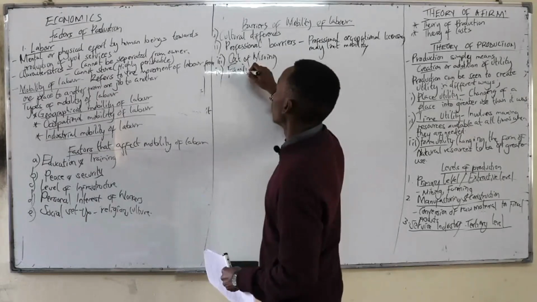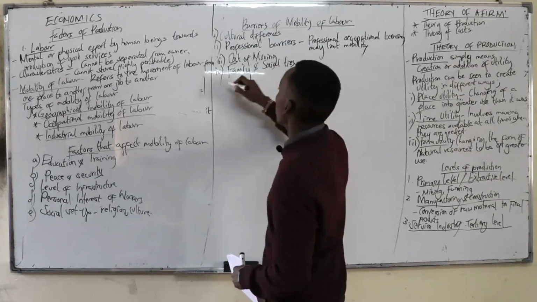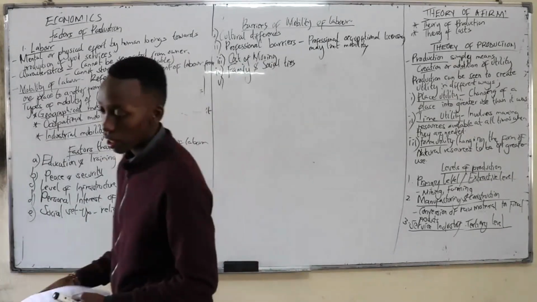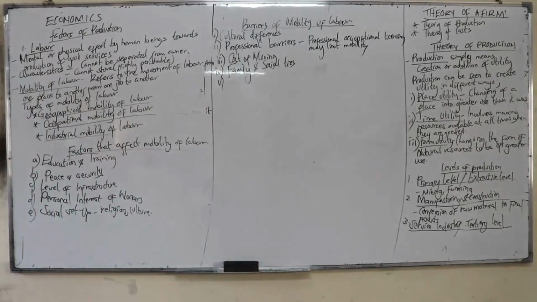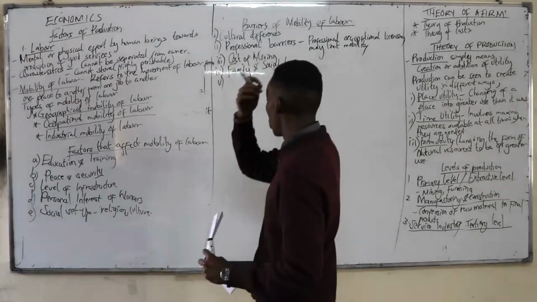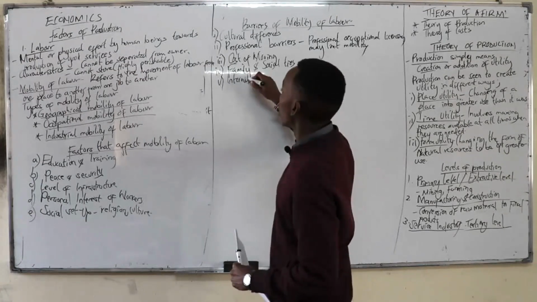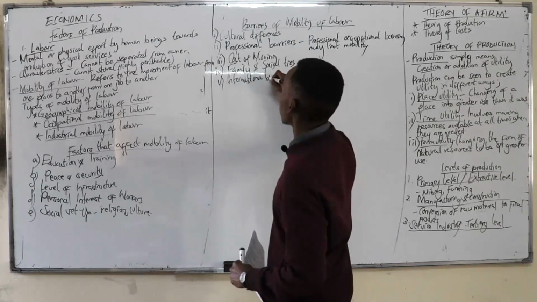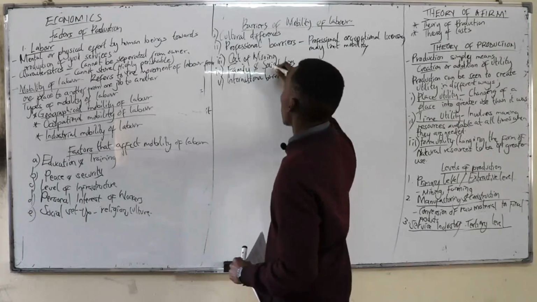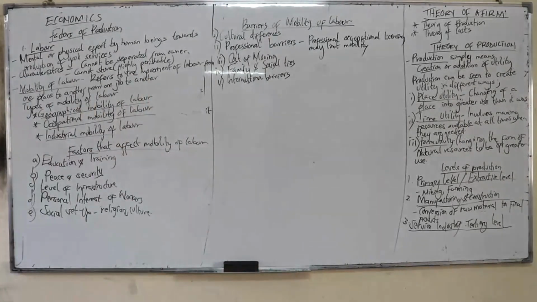And then you can add that also the international barriers, where some countries are adopting what you call a protectionism policy. So also international barriers. So that is on the factor of production that we call labor.